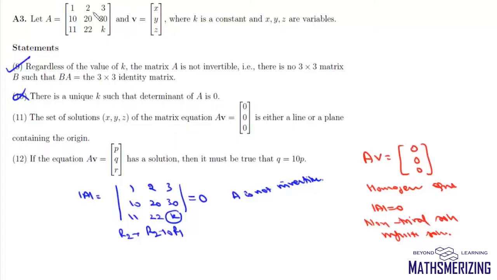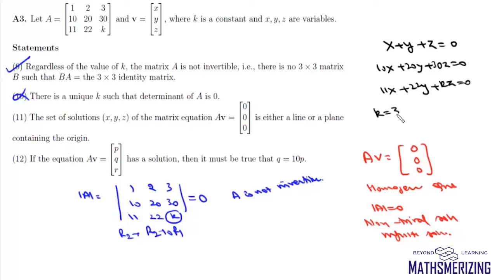Now basically, if we look at these three equations, they will be x plus y plus z equals 0, 10x plus 20y plus 30z equals 0, and then 11x plus 22y plus kz equals 0.